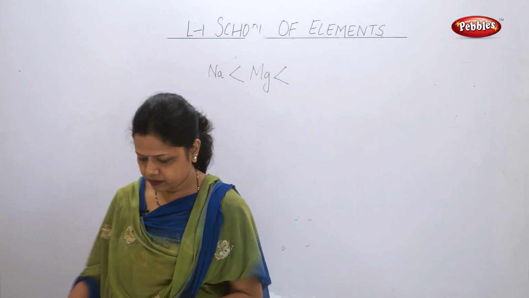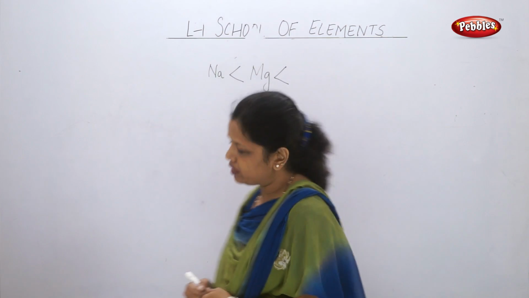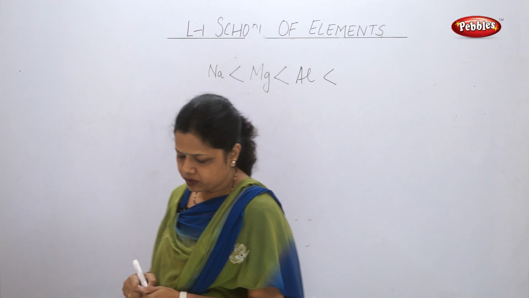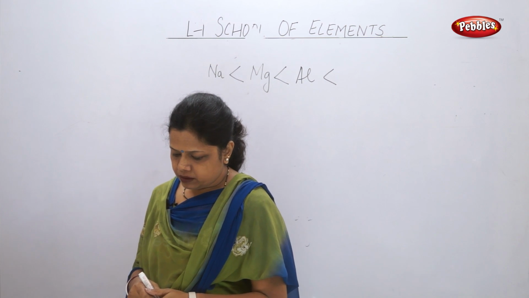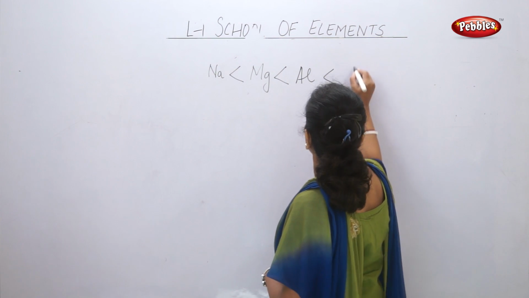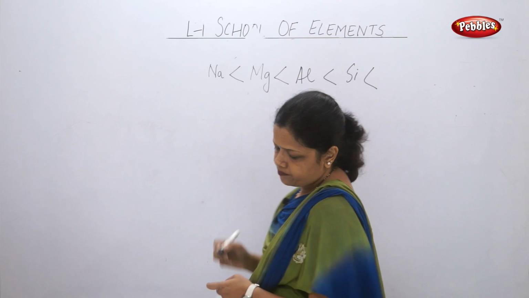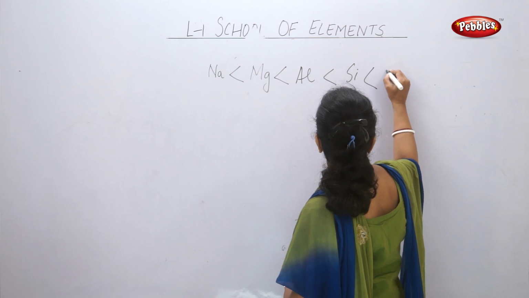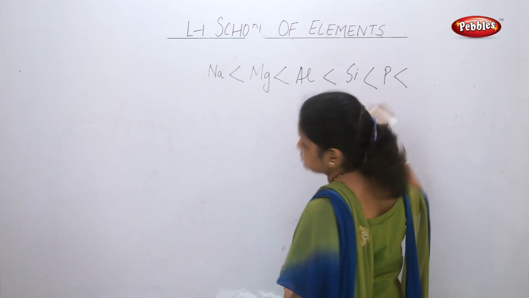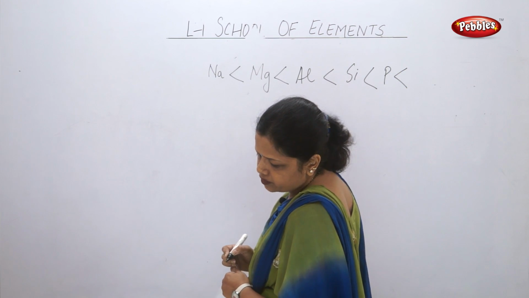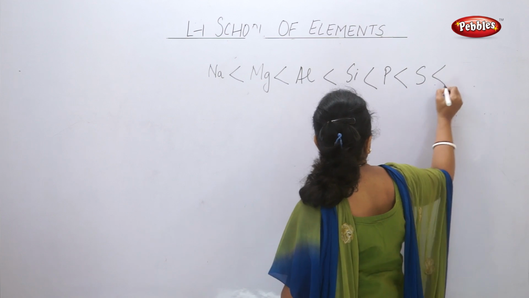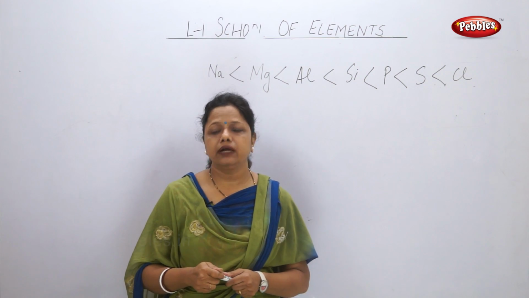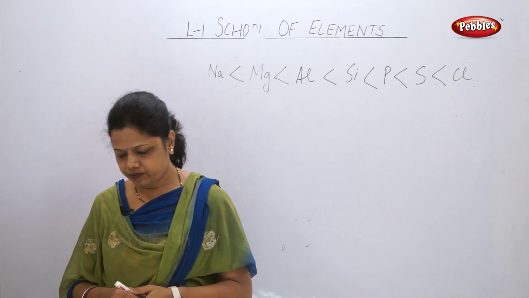Then aluminium, 143. Silicon, 132. Then phosphorus, 128. Then sulfur, and then chlorine. This is the decreasing order of the atomic radii.